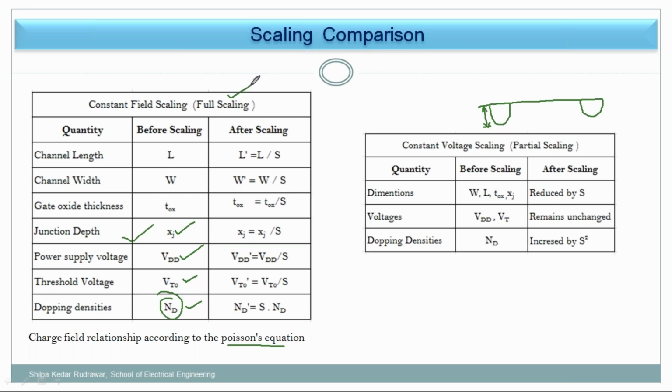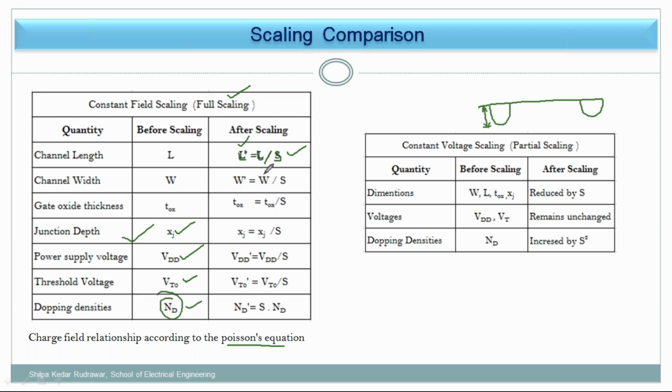So in full scaling, we are scaling all the parameters by the same factor. Here L is scaled down by S, because this is my effective length L dash, and this is my actual length, which is scaled down by S, the technology scaling factor. After scaling down, this is my final value.